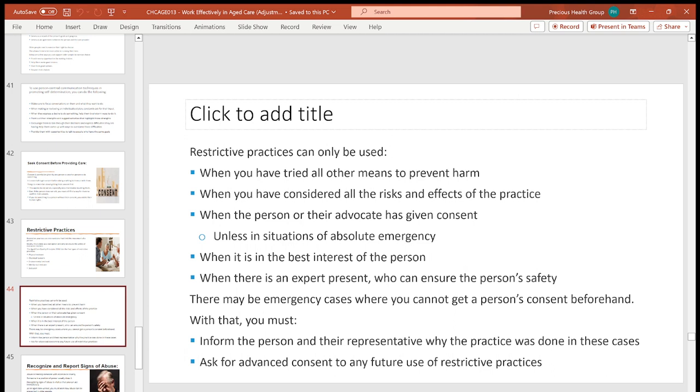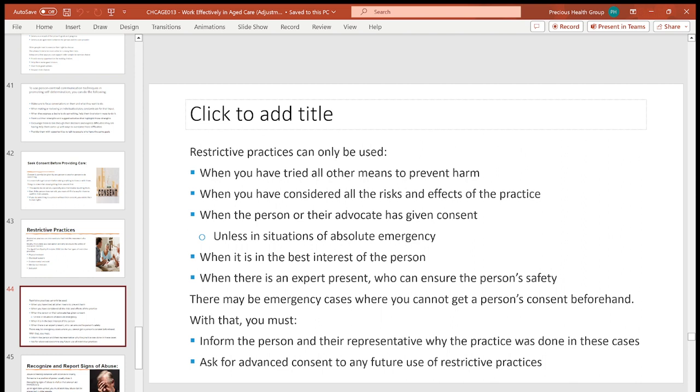So restrictive practice can only be used, 1, when you've tried all other means to prevent harm. 2. When you have considered all the risks and effects of this particular practice. 3.